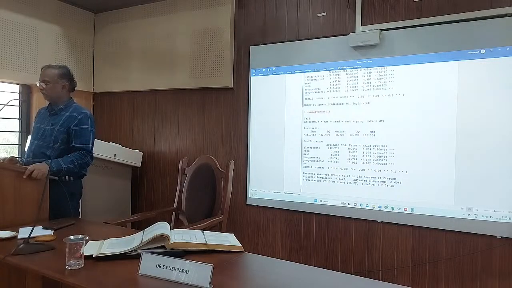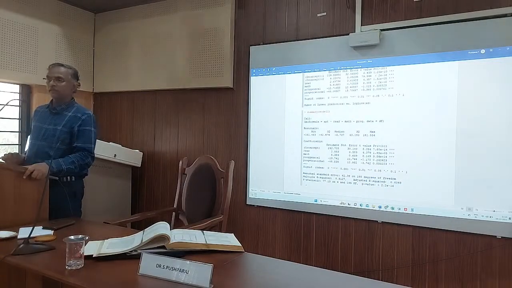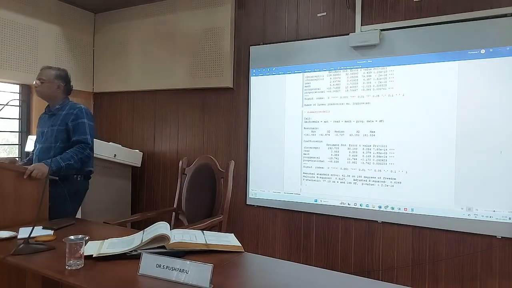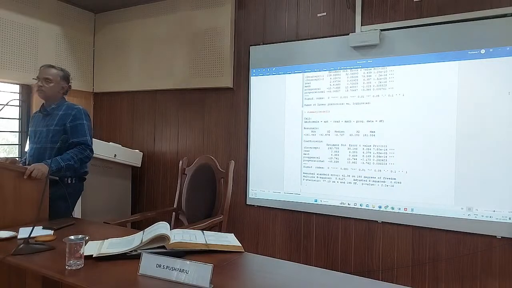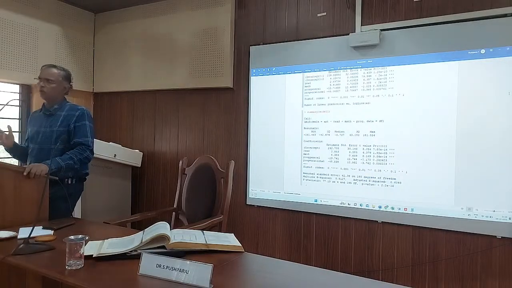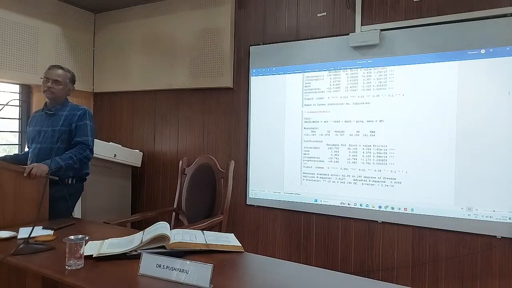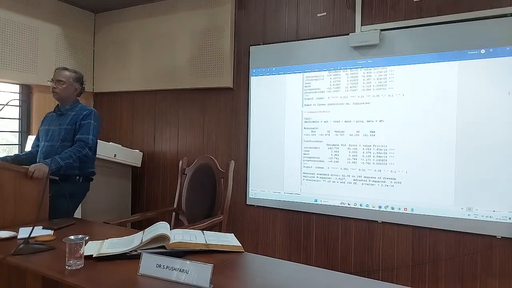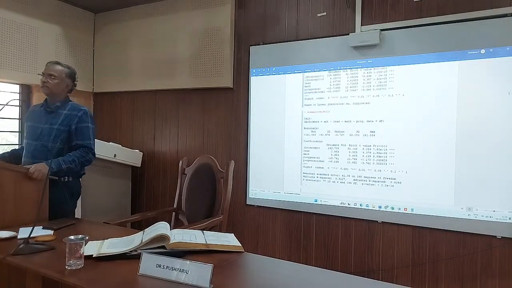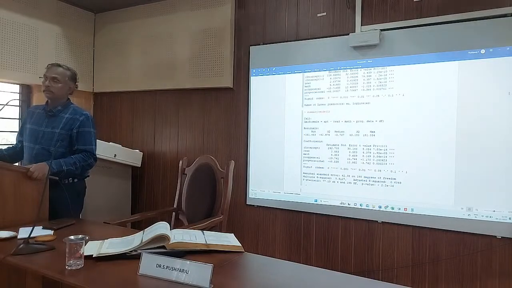Actually, we can now move on to the simultaneous equations model. Simultaneous equation models have got a lot of problems. Actually, we are doing the simplest of the things. We all know simultaneous equation models are about identification.